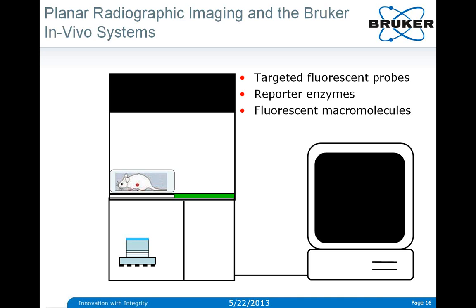So illumination is from below. The phosphor screen is off to the right. We have an open window below our sample animal. We illuminate with a 29-position filter wheel, and then we have inverted detection from below for fluorescence. So we're able to detect targeted fluorescent probes, reporter enzymes, and fluorescent macromolecules.